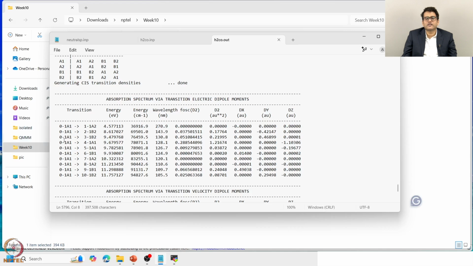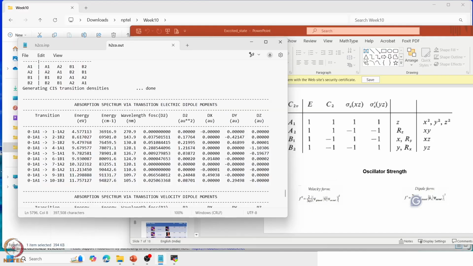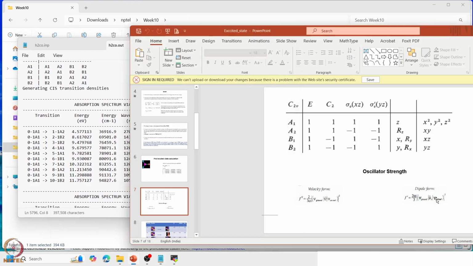Now, if you look at these transition dipole moment values, you will see that in certain cases the transition dipoles are 0 and in certain cases they are non-zero. If you look at this in conjunction with group theory, you will see very interesting features. Think of this transition dipole moment integral.